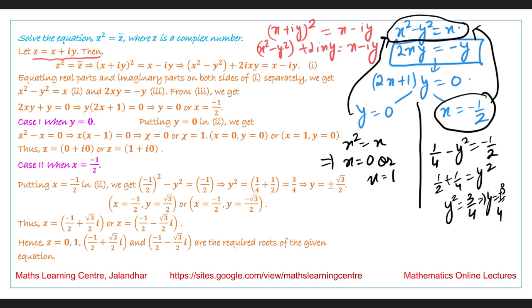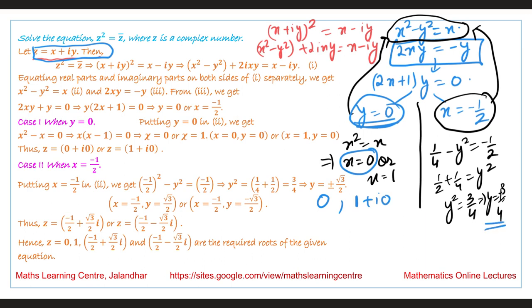So this implies y is equal to plus minus square root of 3 by 2. So the final answers we obtain, the numbers we have assumed are x plus iota y. So when y is equal to 0, we are having x is equal to 0 and 1. So one number we have is 0 when we are taking x is equal to 0 and y is equal to 0, and second number we have is 1 plus iota 0.